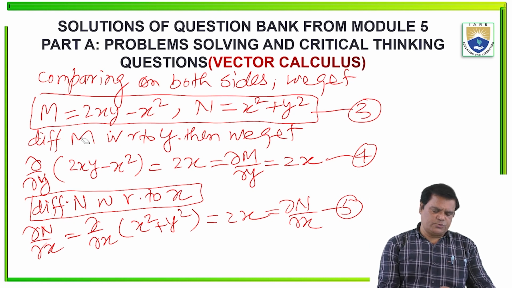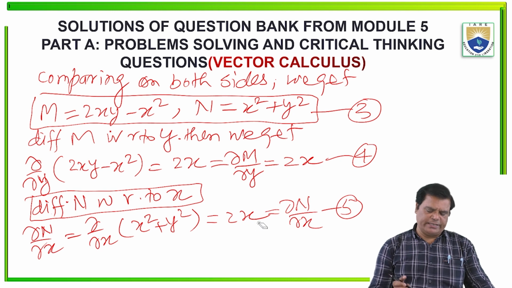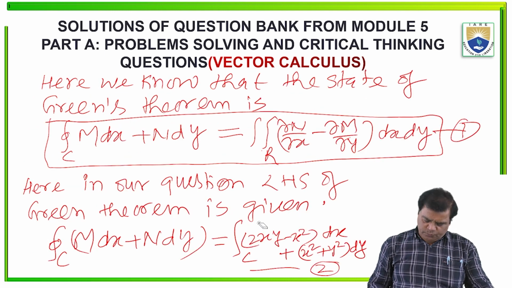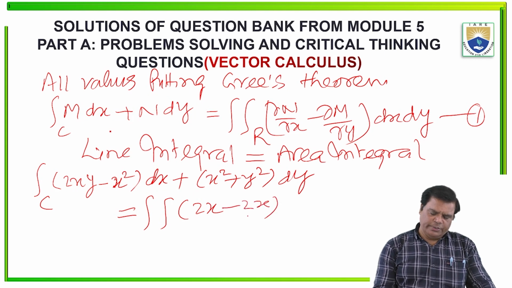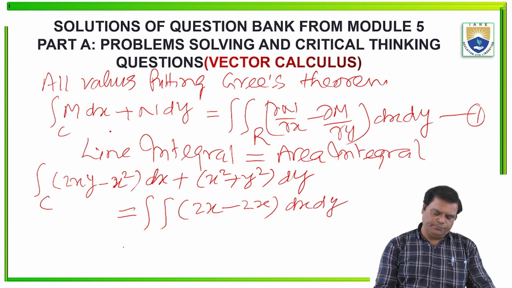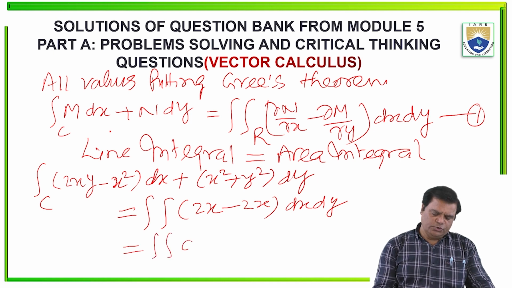Differentiating M with respect to y gives 2x, and differentiating N with respect to x gives 2x. So 2x minus 2x is 0, and the total region has 0 value.